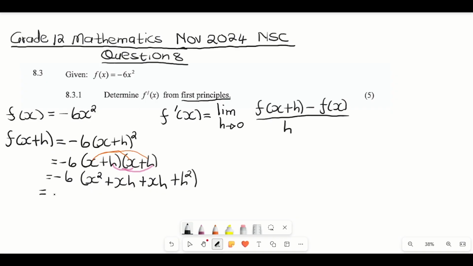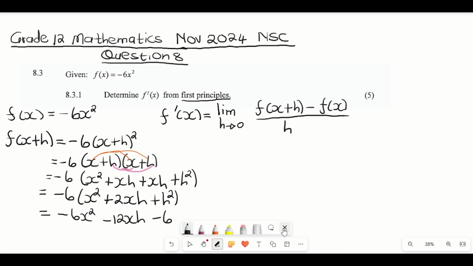After that, we can add the like terms. So we end up with x squared plus 2xh plus h squared. Then we multiply everything in the bracket with this negative 6. We end up with negative 6x squared, negative 12xh, negative 6h squared.